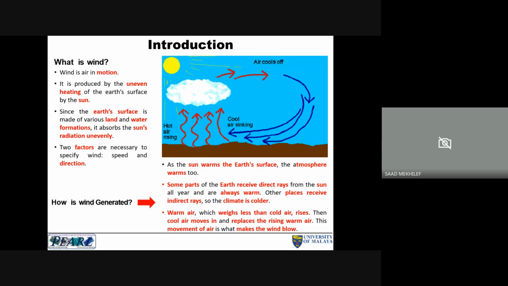And as we know, since the Earth's surface is made of various land and water formations, so we have sea, water, land, and air movements. There are many factors, but two main factors are necessary to specify, which are wind speed and wind direction.